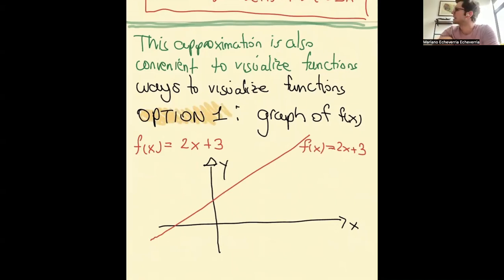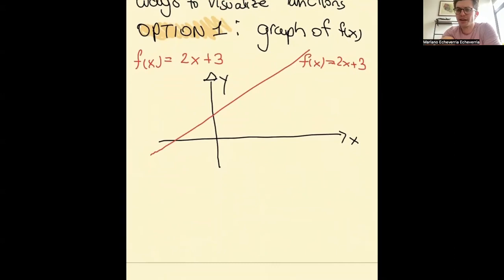There's another option which is less used, but it's still kind of convenient, more from a data perspective, like if you were to put this into an Excel spreadsheet or something like that. Let's call it arrows.